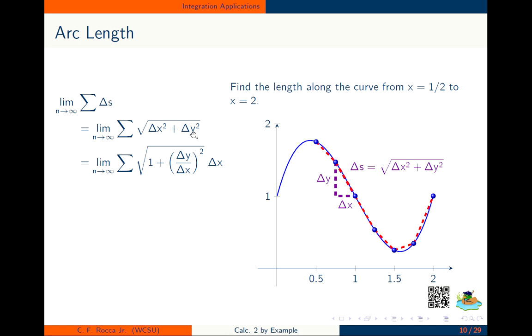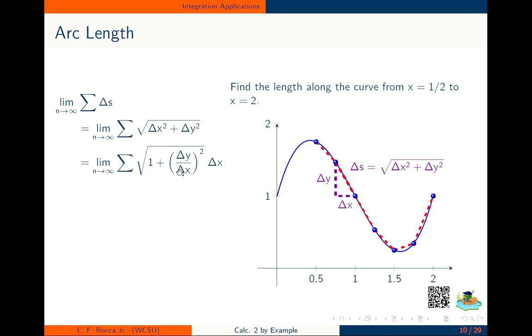Here are some refinements. I can replace delta s with what it's equal to. I'm going to divide everything inside by delta x squared and pull the delta x outside. It goes from delta x squared to delta x because I'm taking it out of the square root. But if I look at what I have inside, delta y over delta x is the slope of that line.